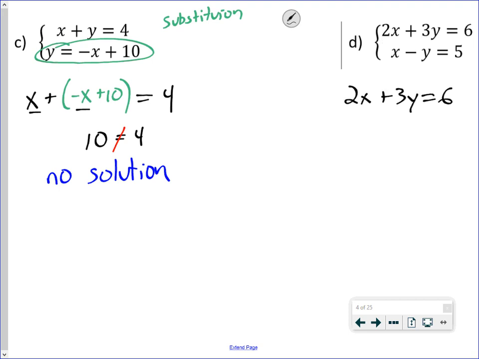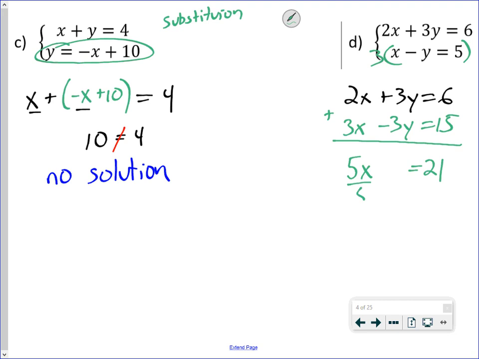So I'm going to multiply the second equation times 3 so that I get 3x minus 3y equals 15. That way, when I add the two equations together, I'll get 5x equals 21. Divide both sides by 5, and I'll get x equals 4.2.